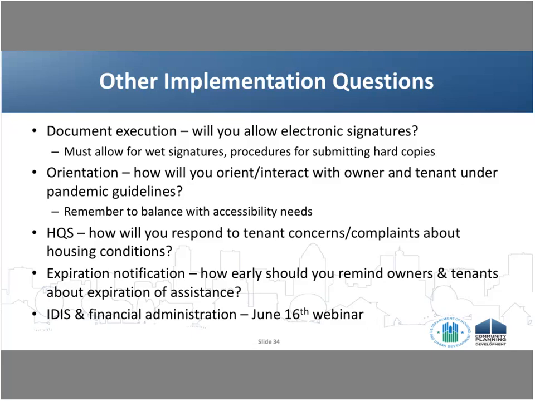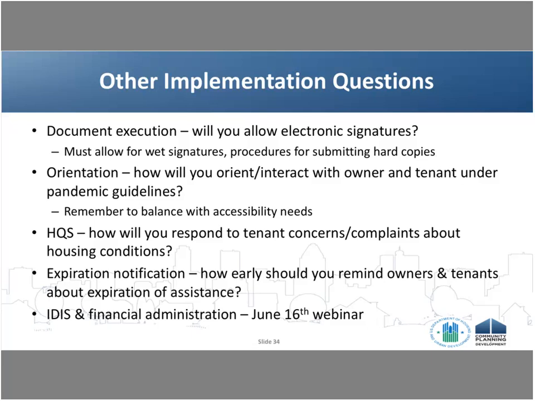How will you allow the tenants to notify you of unsafe conditions, and how will you notify the owner, and what evidence of corrected conditions will you require? It would be useful to think through that before you get those, so that tenants are aware they can submit their concerns to you, and how will you make certain that those concerns are addressed.